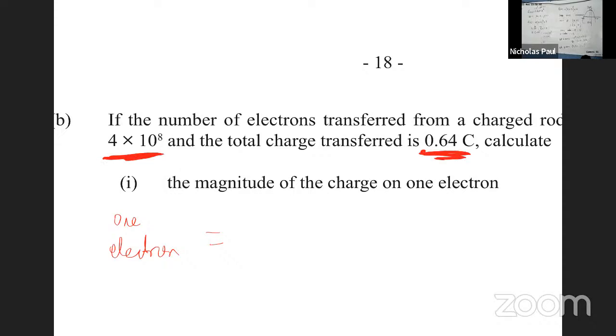So it's 0.64 divided by 4 by 10 to the 8. The magnitude of charge on 1 electron is 1.6 by 10 to the minus 9.